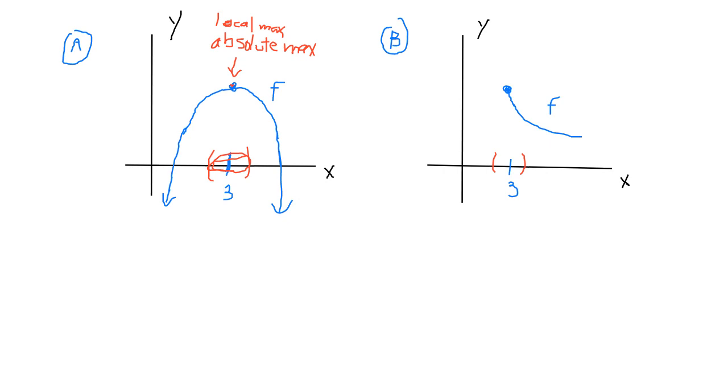I can't, right? Because it's an endpoint. That blue point is an endpoint, so I don't have an interval that I can surround 3 by. So I can't say it's a local max. But it is an absolute max.